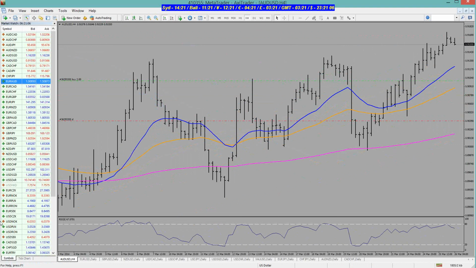Divergence is not a must-have on the 4-hour. It is if you're trading phase 2 on the 4-hour, but let's not go down there. I don't want you to trade phase 2 on the 4-hour. So divergence is not a must-have.